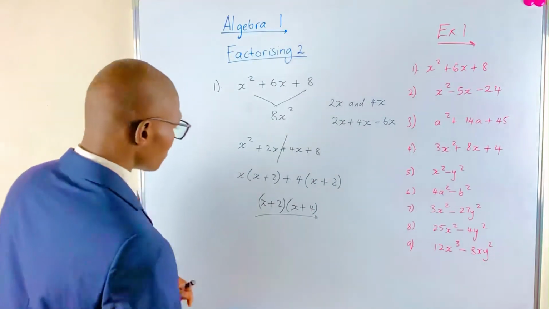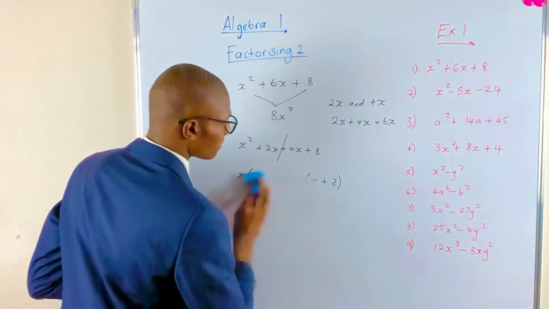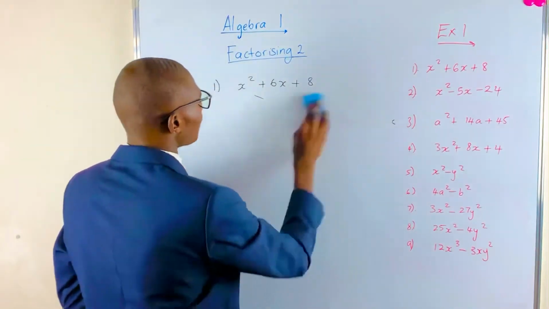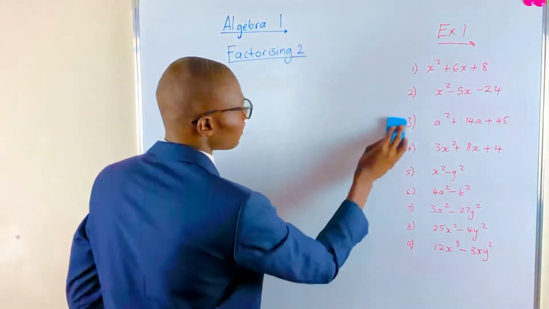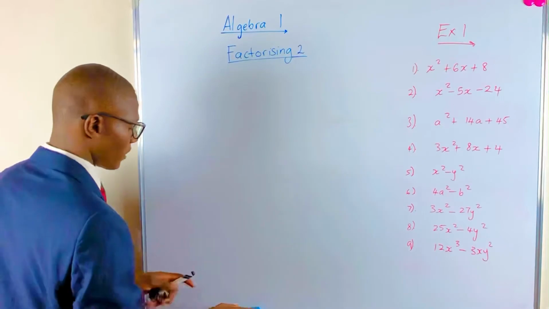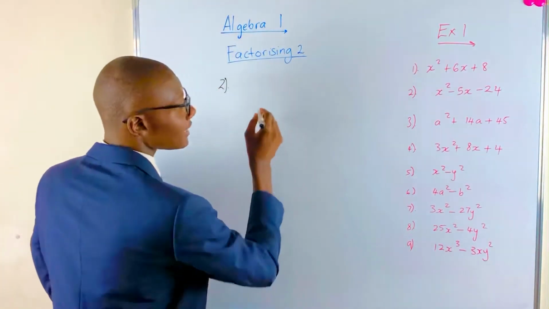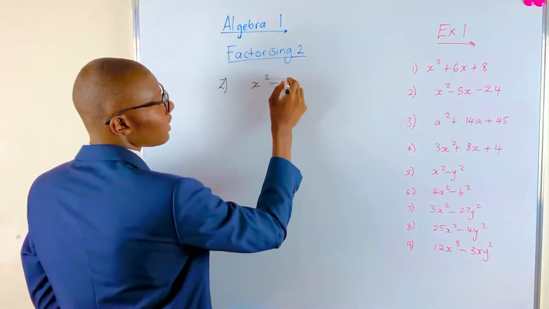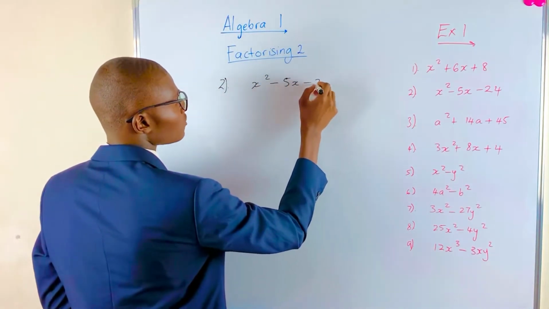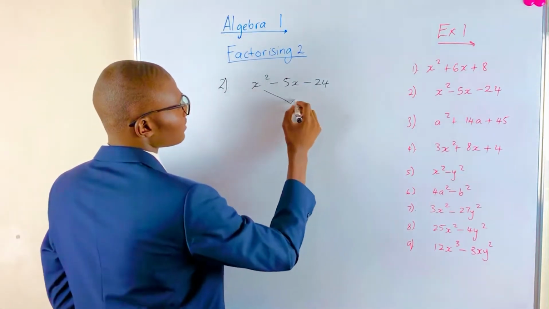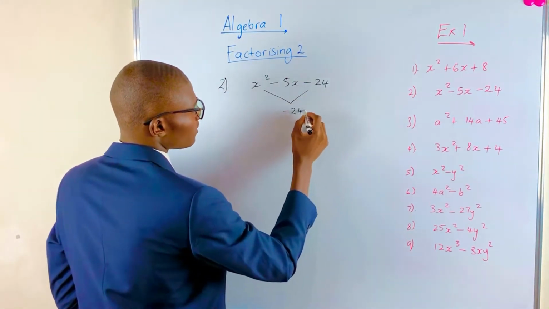Now I would like to continue. So let's move on to number 2. Okay, so number 2, we are saying that we've got x squared minus 5x minus 24. So multiplying the first and the last, we've got minus 24x squared.